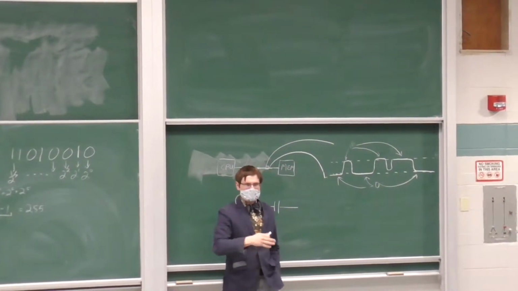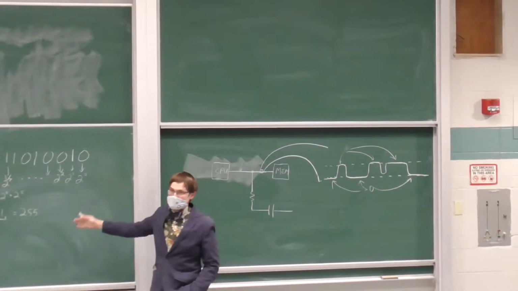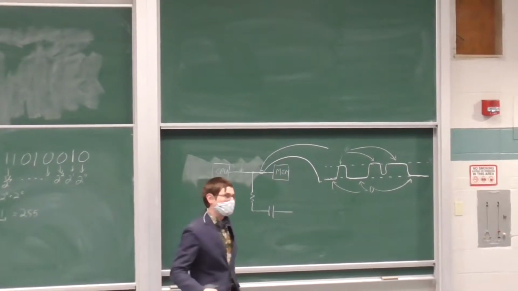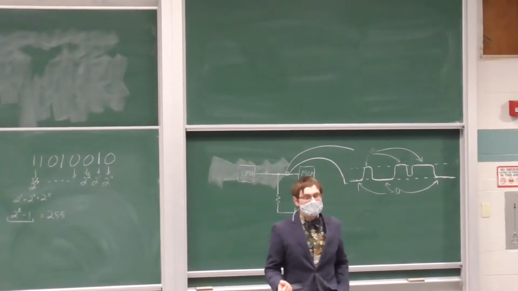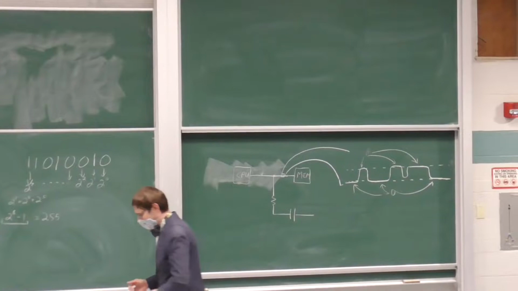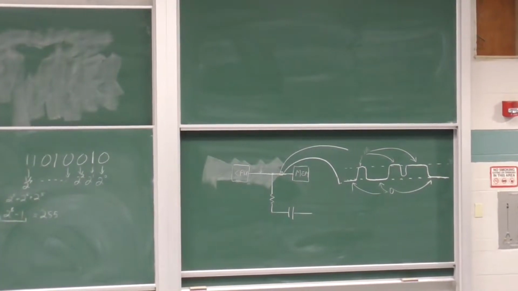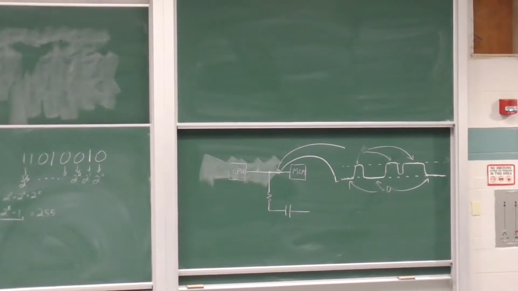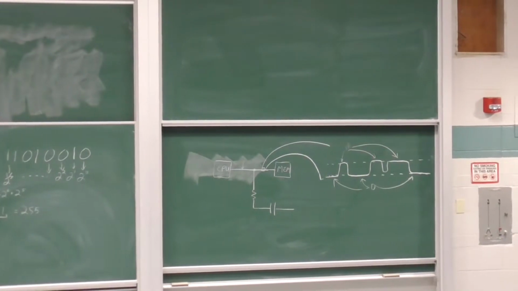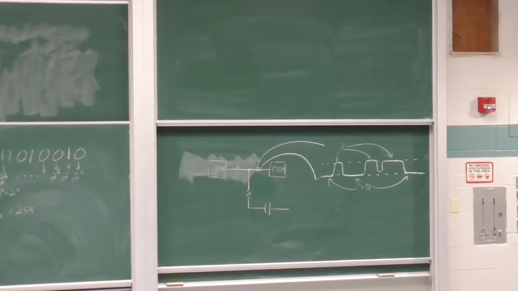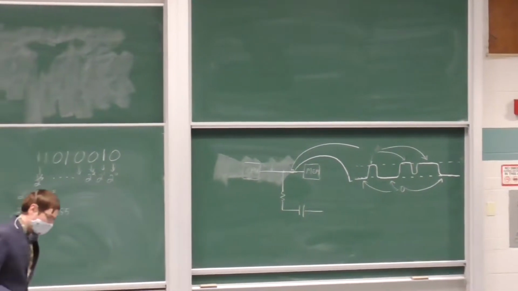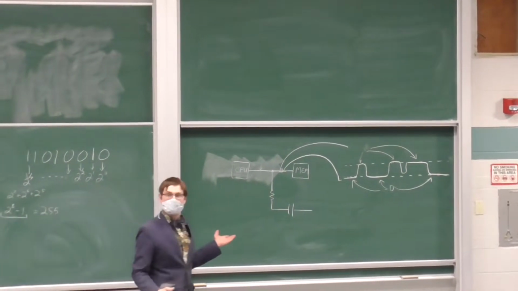Right? So that's why the binary system. A criticism that you sometimes hear of the way in which computers are designed, from people who know a little bit about computers but not enough about computers, is, well, why binary, right?